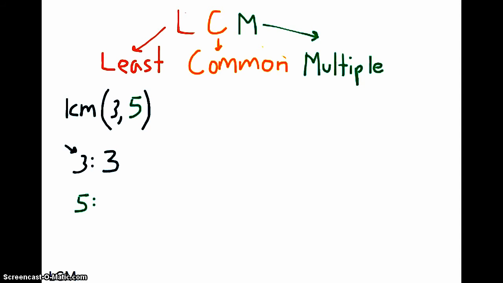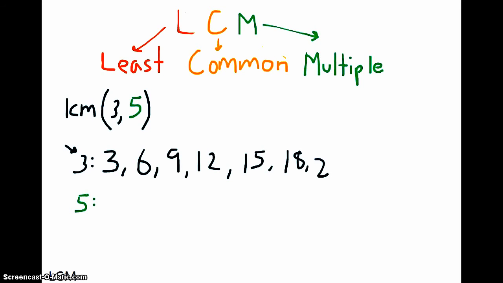Multiples of 3 would be 3 times 1 is 3. 3 times 2 is 6. 3 times 3 is 9. 3 times 4 is 12. 3 times 5 is 15. And so on and so forth. 18, 21, right? And we could go on and on and on forever.